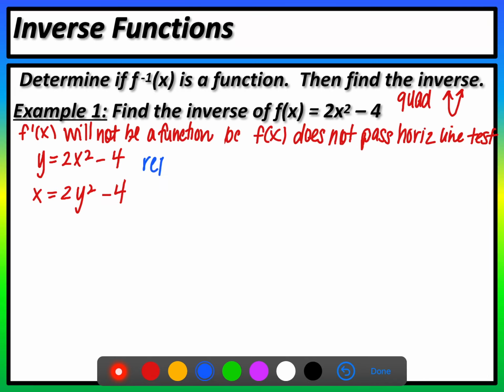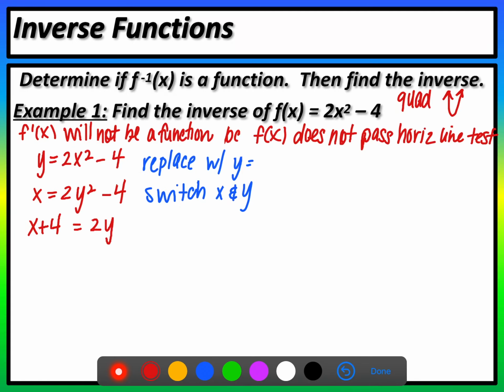Okay, so we replace f of x with y equals, we switch x and y, and now we're going to solve this equation for y. So I'm going to add 4 and divide by 2. So I'm going to make it 1/2 x plus 2.